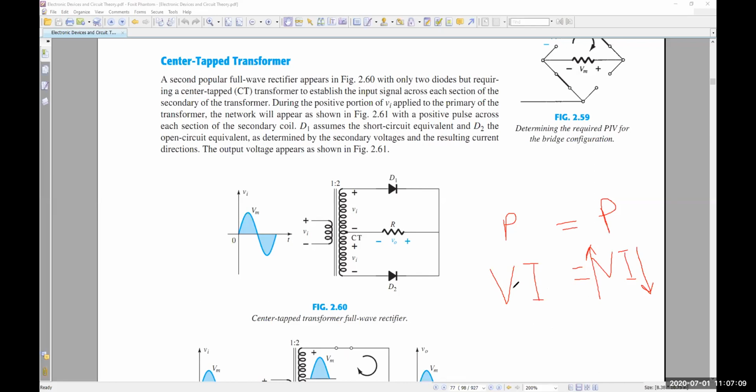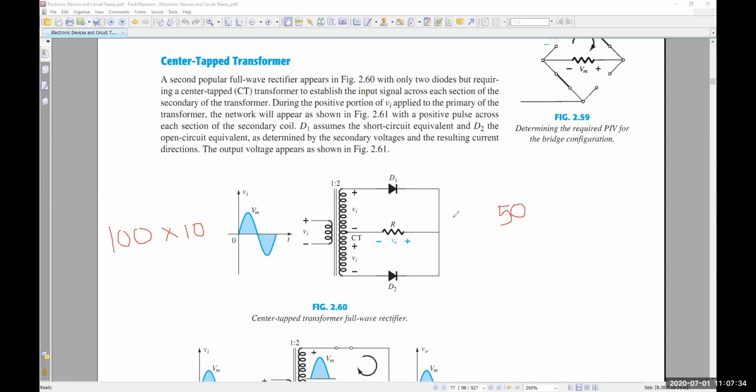Understood? Okay, again, let me give you an example. Let's say the V is 100 volt and your current is 10 ampere, for the input side. For the output side, I want to decrease the voltage to 50.